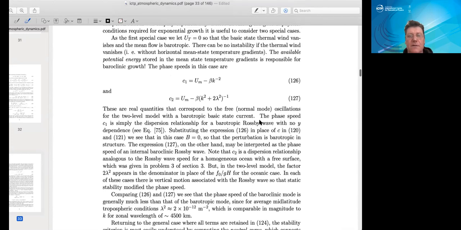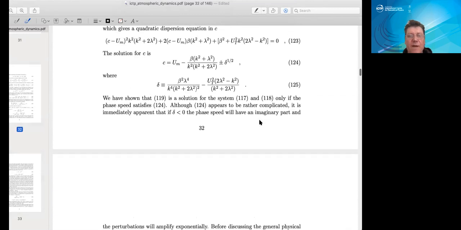Now, it's quite a complicated problem, but one way forward is to look at the limit case where we are on the edge of instability, on the edge of this delta becoming positive or negative. This limit we can investigate by setting delta to 0.